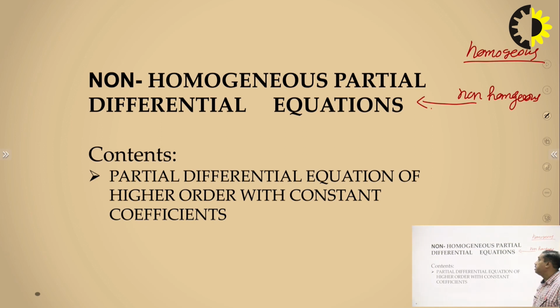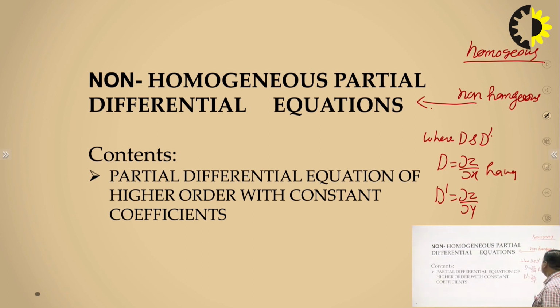In the first lecture we took the homogeneous case, where D and D dash, D meaning del z over del x and D dash meaning del z over del y, have the same degree. Then it is called a homogeneous equation.